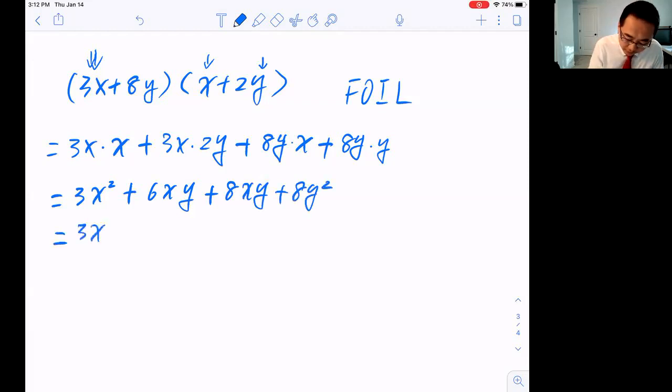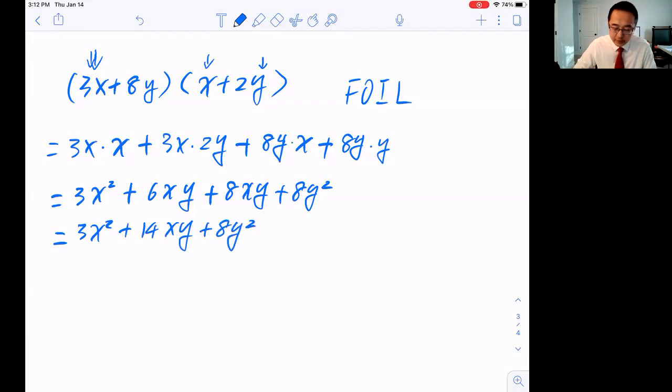So this is 3x squared plus 14xy plus 8y squared. So FOIL just stands for first, outside, inside, and last. Did that ring a bell? Okay, good.